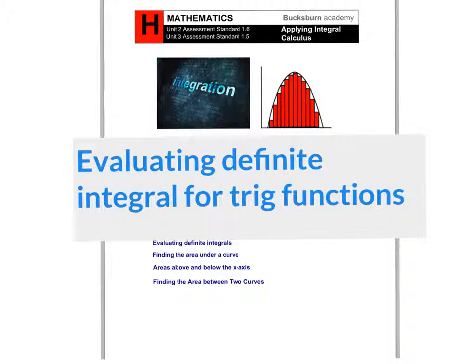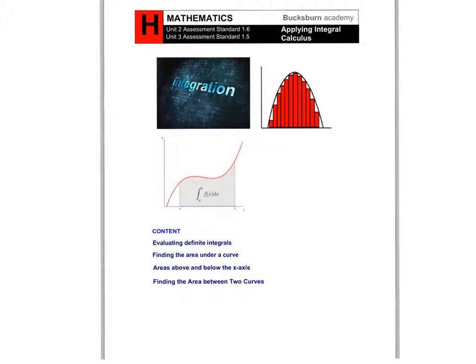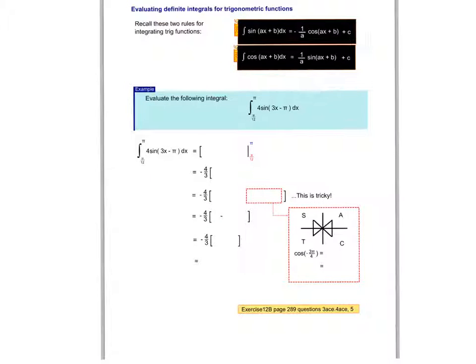In this example, we're going to look at evaluating definite integrals involving trig functions. You're going to need to turn to this notebook, and within that, if you turn to this page, we're going to do the example shown here.